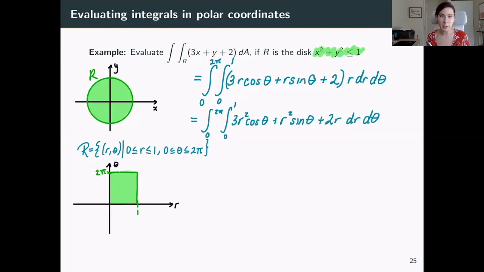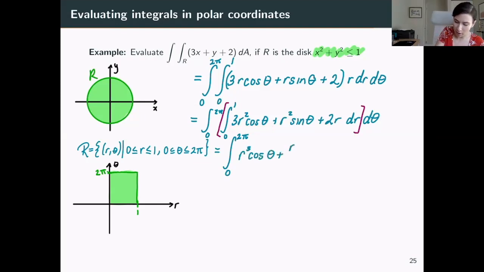Now we need to evaluate this integral from the inside out. So focusing on our dr integral first, treating theta as a constant, we have the integral from 0 to 2 pi on the outside. So that's our d theta integral. Integrating with respect to r, the antiderivative of this term is going to be 3r cubed divided by 3. So in total, I'll just end up with an r cubed times our constant cos theta.